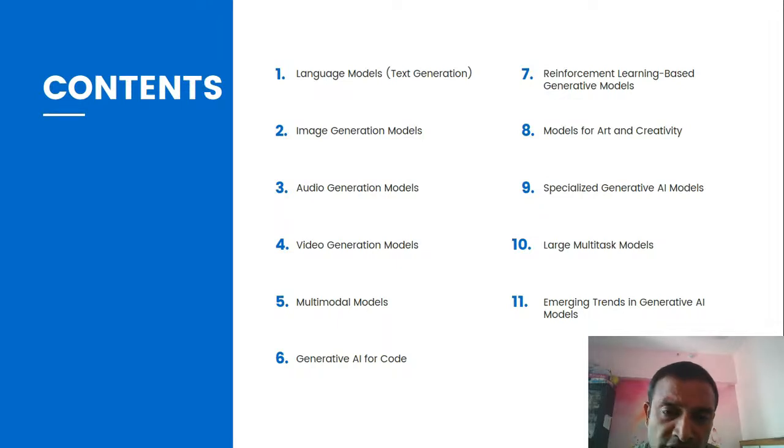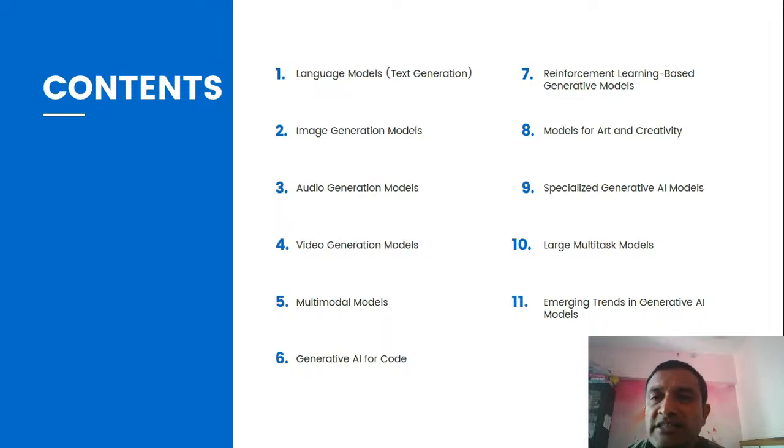Video generation models can also generate videos. Then multi-modals, and generative AI for code, which I was talking about with GitHub Copilot and Microsoft Copilot. There are also plugins available in VS Code, AWS CodeWhisperer, and AWS Q. These are basically used as generative AI for code.